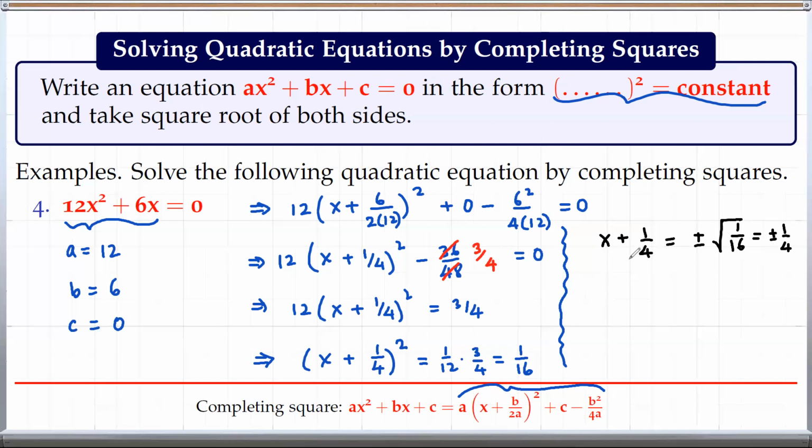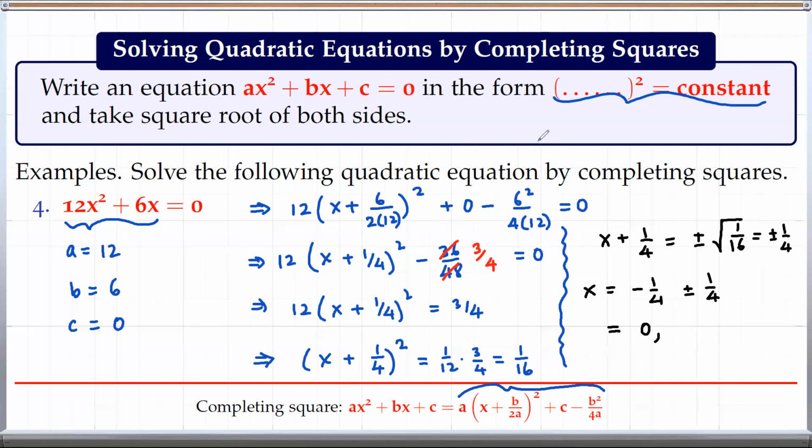So next we can just subtract 1/4 from both sides. So x will become negative 1/4 plus or minus 1 by 4. We can separate this plus or minus. When you take plus, we have negative 1/4 plus 1/4, which is 0. And when you take minus, you have negative 1/4 minus 1/4.